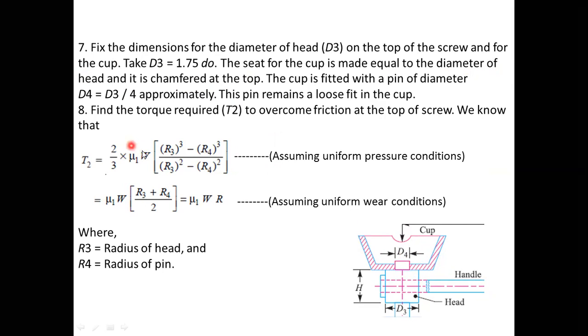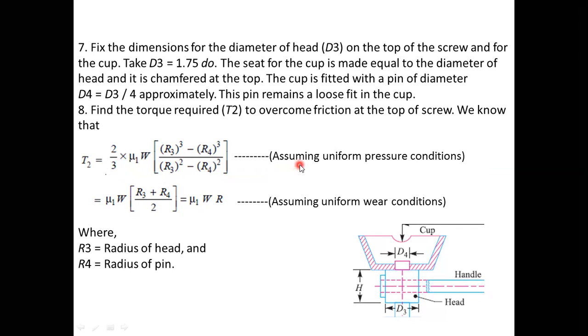Step number 8 is to find the torque required, T2, to overcome friction at the top of the screw. We know that T2 is equal to 2 upon 3 into mu1 into W into (R3 cube minus R4 cube) upon (R3 square minus R4 square).